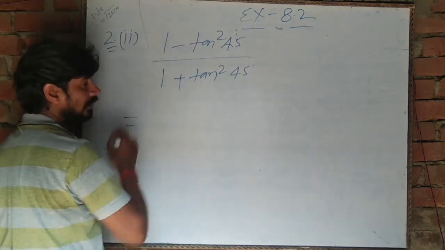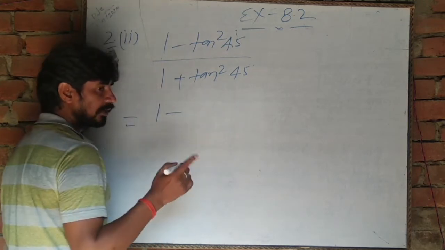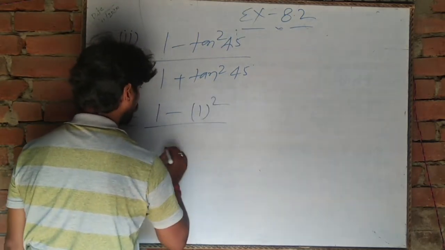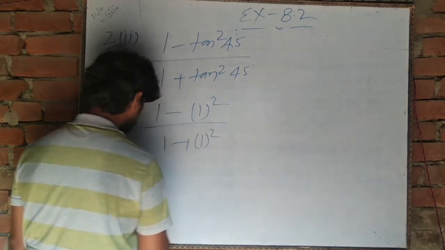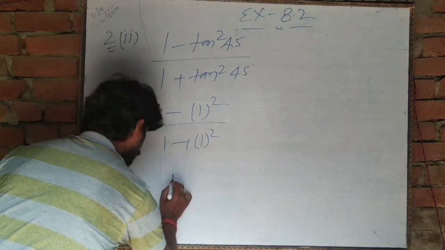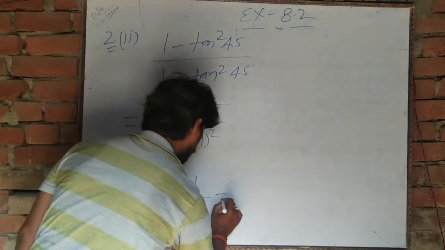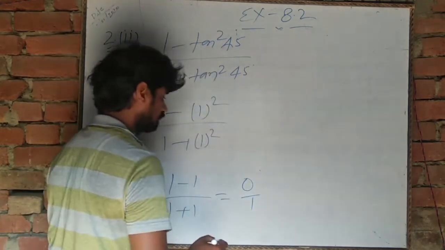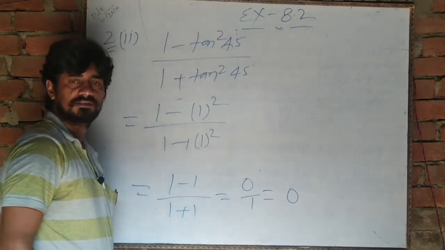Now we will put the value of tan 45. 1 minus tan 45 means 1 square by 1 plus 1 square. That means 1 minus 1 by 1 plus 1. We have an idea, 1 minus 1 is equal to 0. 0 by 2. That means 0.